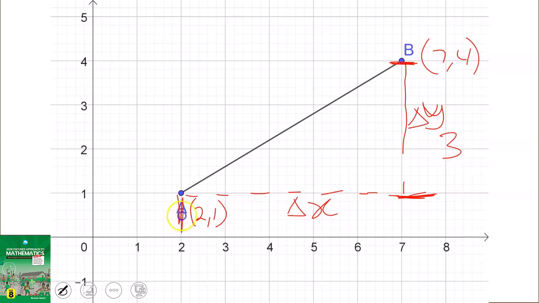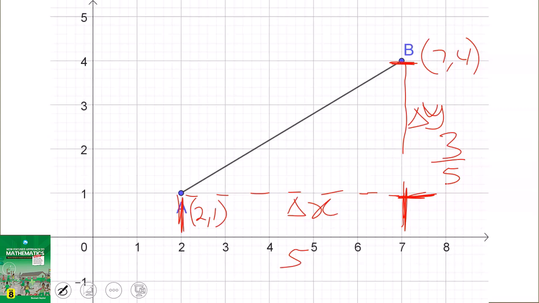And between the point A here and the point B here, what is the difference? That is the change in x. And here the difference will be 5. And so if you're able to divide the difference in terms of the y-axis over the difference of the x-axis, then you define the gradient of the line. Is that okay?